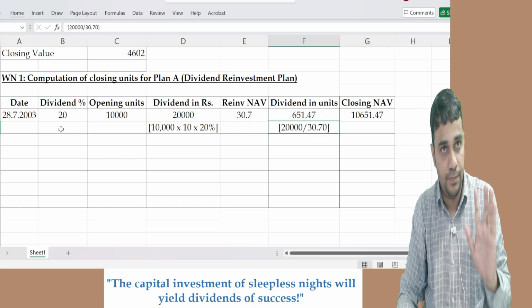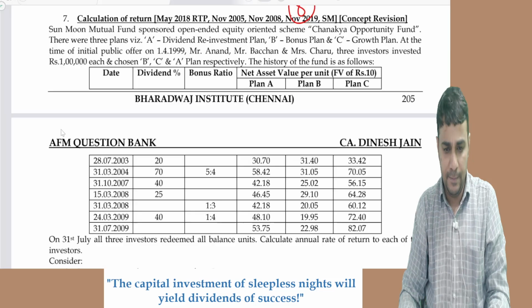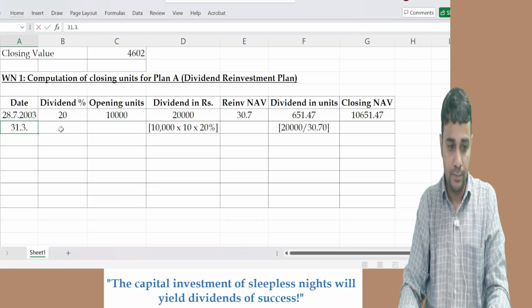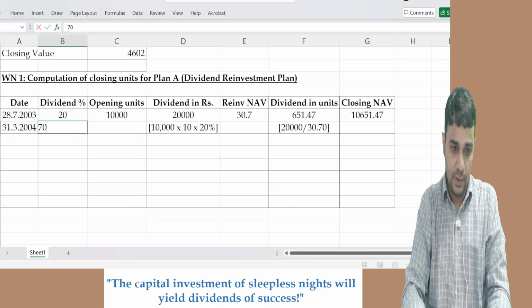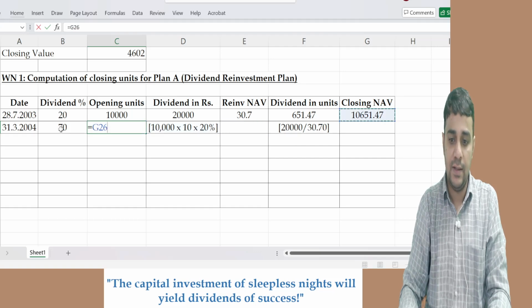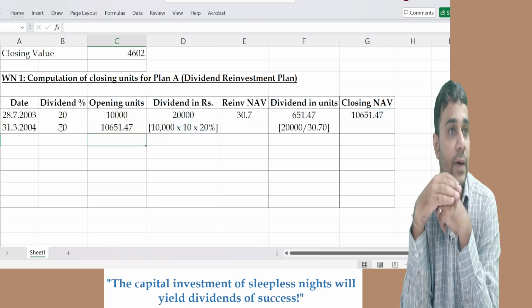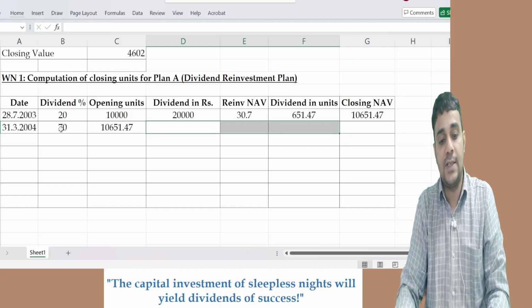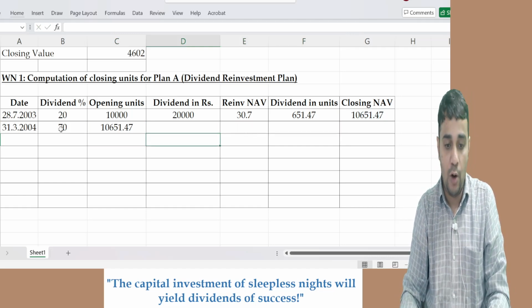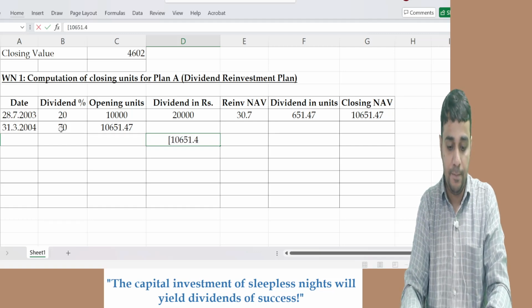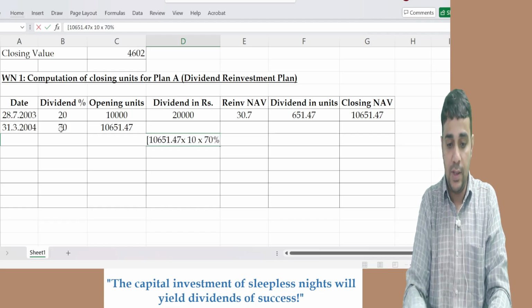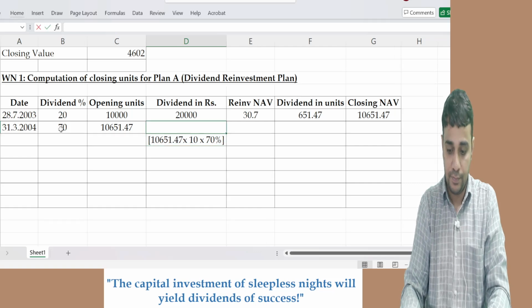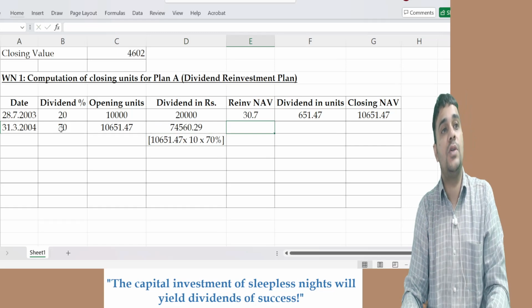Any doubts on this? When is the next dividend paid? How much is the dividend? 70%. On this, it is 10,651.47. The dividend number is 10,651.47. How much dividend will I get? 10,651 into 10 into 70%, which is 74,560.